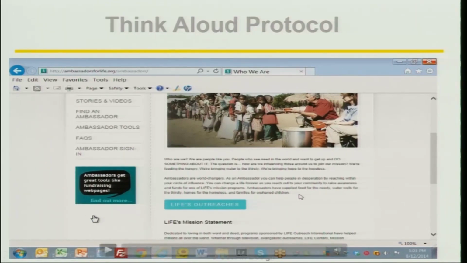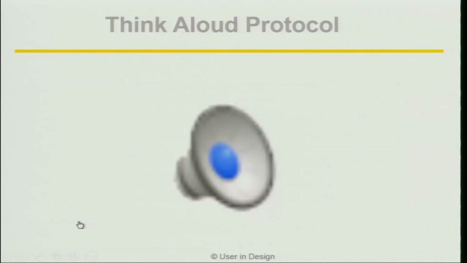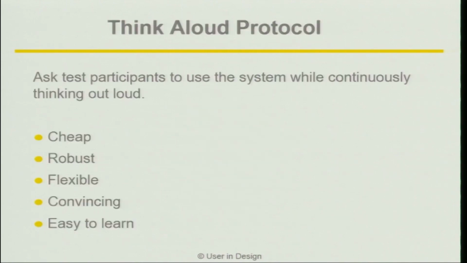All right, so that was a quick video that showed you about this Think Aloud protocol. I think there are a couple of things that you probably did notice. In the video, you can see that she was wanting to know what this organization is about.